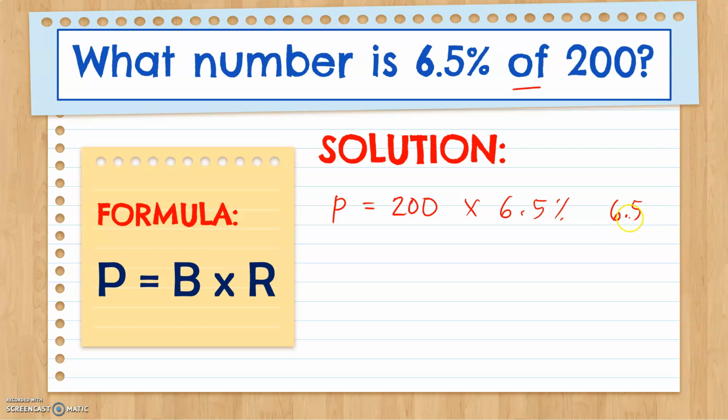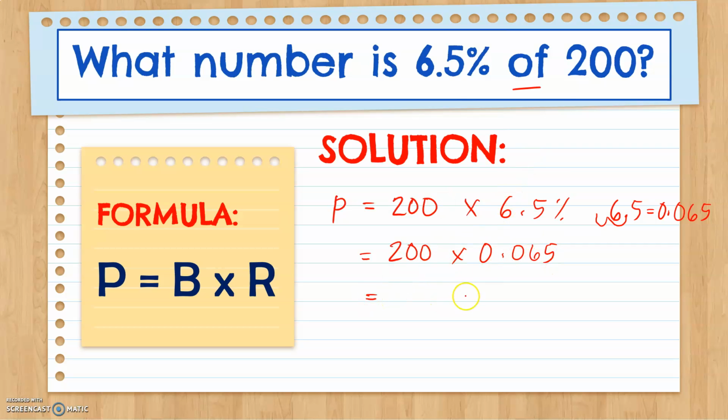The decimal point of 6.5 is here, so we'll start moving from this point. We'll have 1, 2. Then we will add placeholder 0 to the empty space here. That means 6.5% will be equal to 0.065 in decimal number. Now let's multiply it by 200.